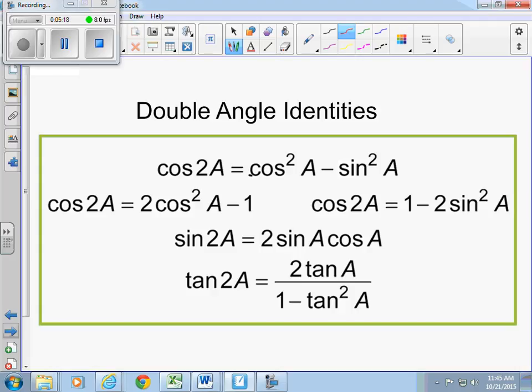Cosine can be written 3 ways, but remember, that's just rearrangements using Pythagorean identities. Sine of 2a has one option, tangent of 2a only has one option. So these are the identities we're going to be working on today. You already know how to work with identities. This is just a set.